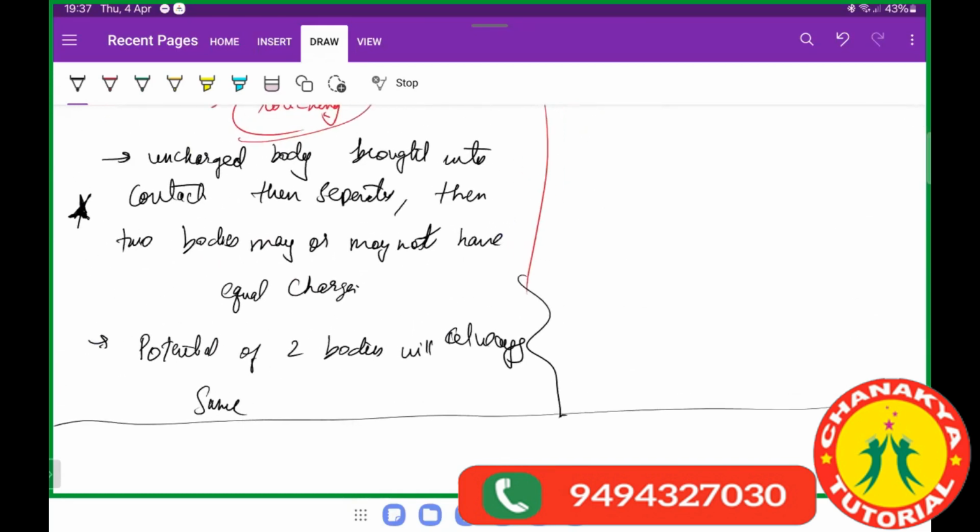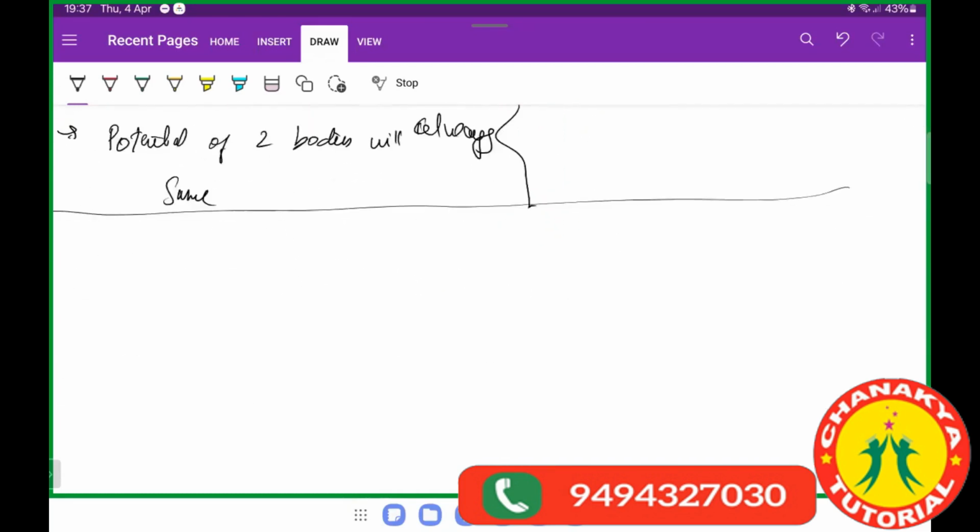Just remember this, we will see how we use it. So let's see the properties of electric charges. Now, what will be the charge properties?